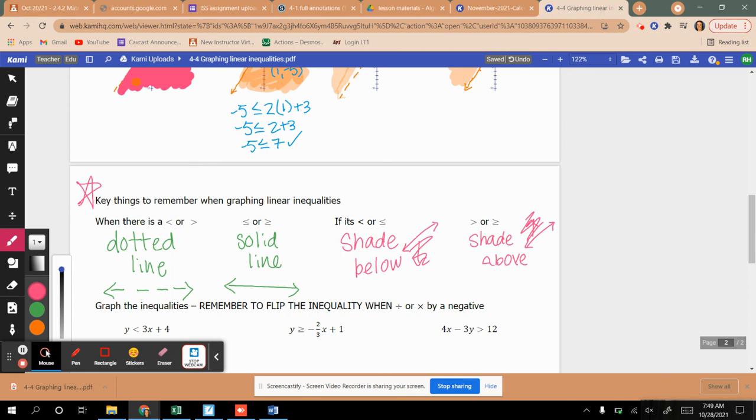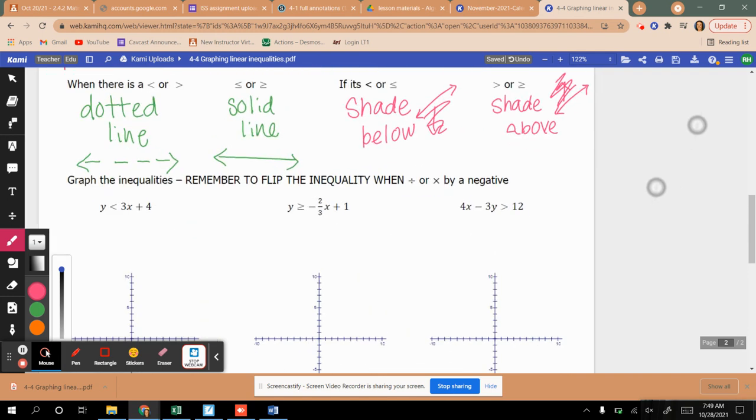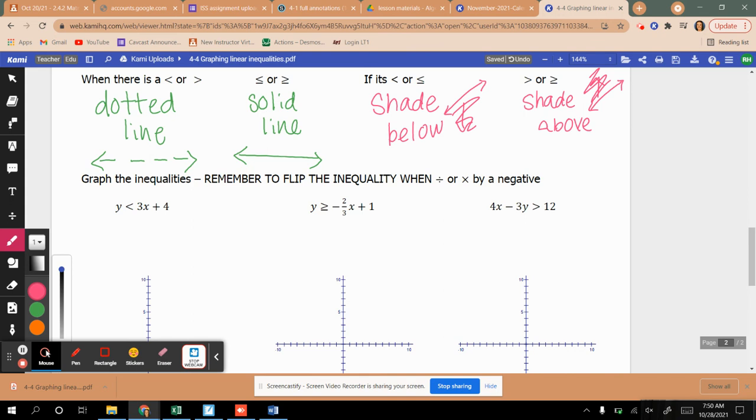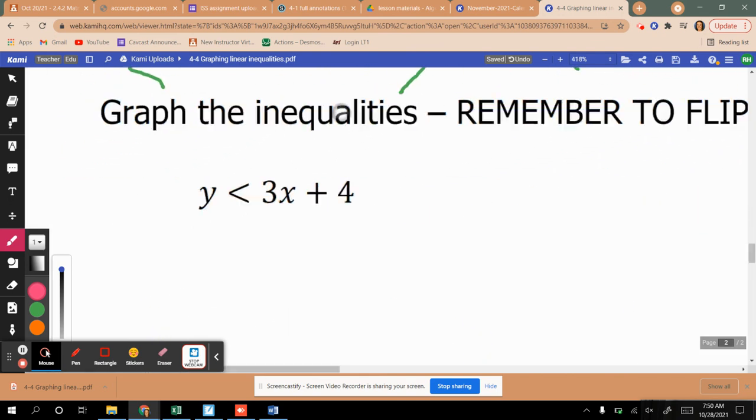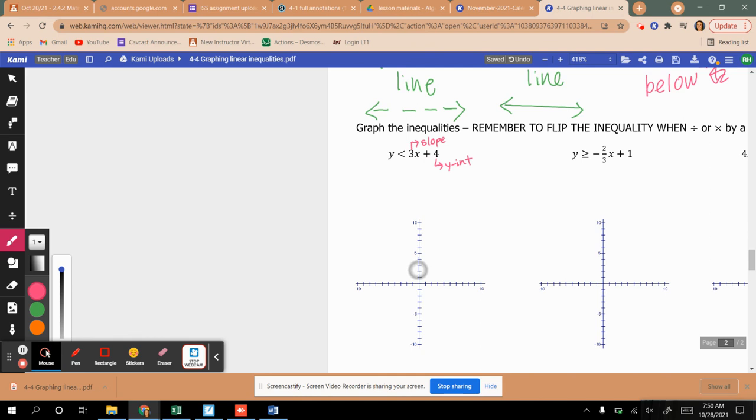Graph the inequalities. Remember to flip the inequality when dividing or multiplying by a negative. So we're going to start off with this one. It's in y equals mx plus b form, which means it's in slope-intercept. Our 3 is our slope because it's attached to our x. Everything attached to our x is going to be our slope, and our 4 is our y-intercept.